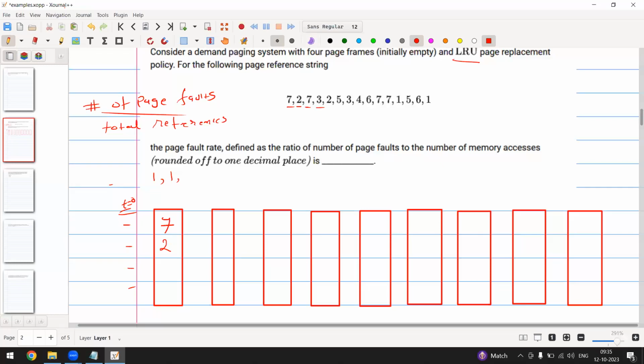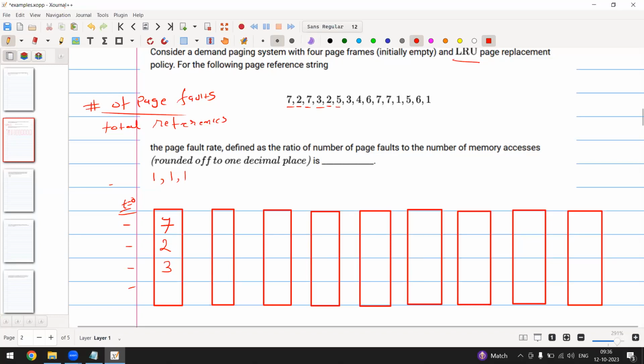Then 3. 3 is not there in the memory, we are bringing it in, so again there is a page fault. Then 2, which is already there in the memory, so we don't need to do anything. Then 5. 5 is not present in the memory and we have to bring it in, so again it's a page fault. So this is the situation.